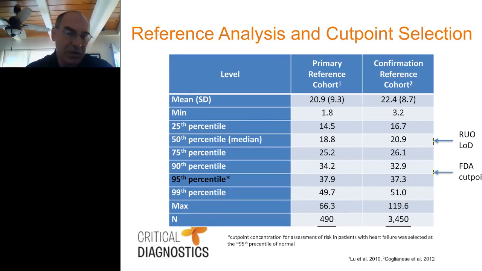So we picked approximately the 95th percentile, which in this analysis was shown at 37 nanograms per mil. Just for ease, we picked 35 nanograms per mil, and then used that concentration in various clinical trials to validate its performance as a cut point for prognosis in patients with heart failure.